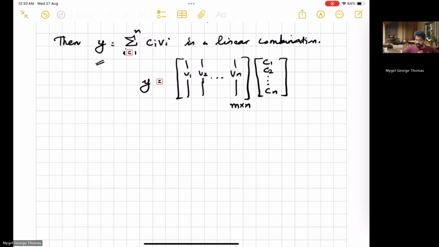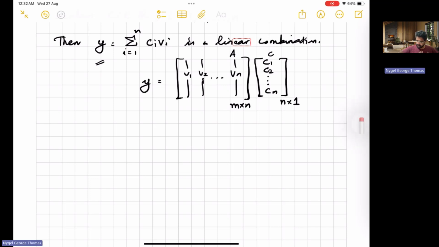So it's m rows and n columns. Let's call this matrix A, and let's call this one C. C will become like a vector, an n cross 1 matrix.